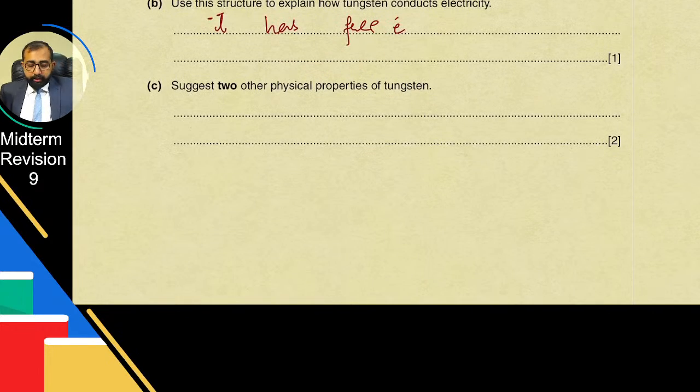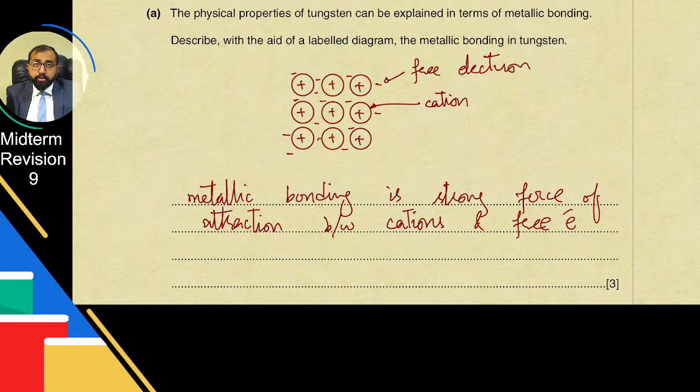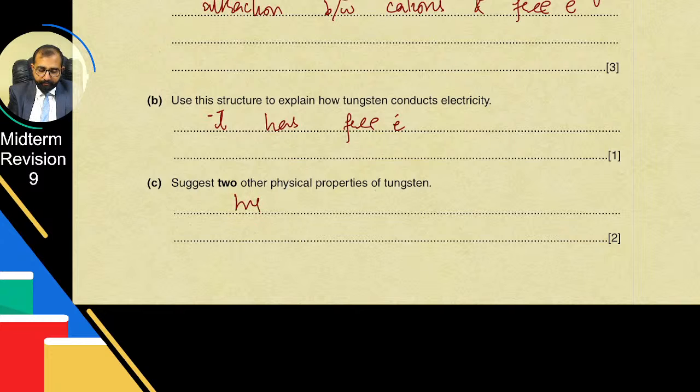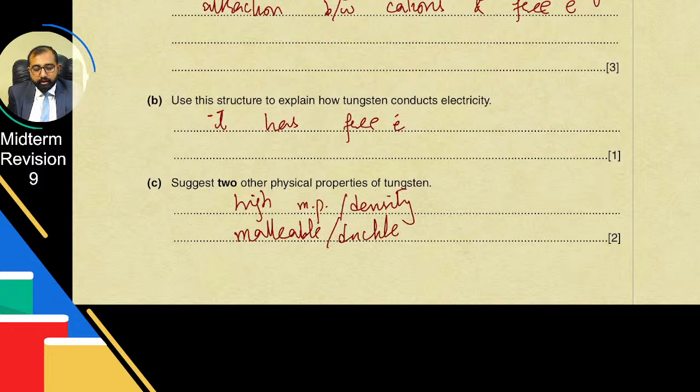So there are 2 other properties of tungsten. Again, physical properties. There's strong force of attraction, which implies high melting point, and it's the same as being high density. At the same time, there are layers, so it can be malleable, it is ductile, it is soft. Write any one of them.